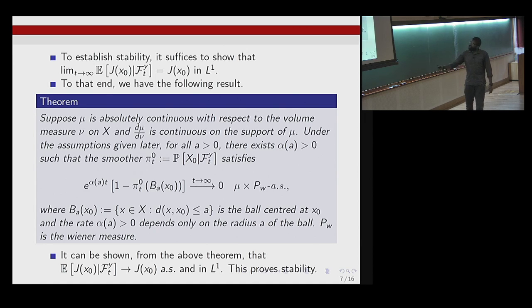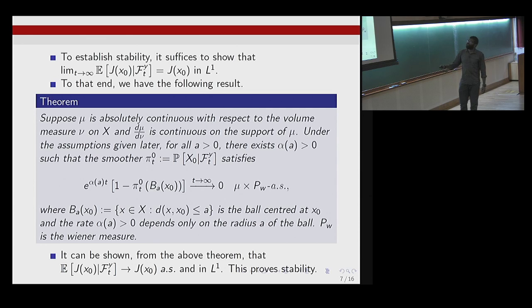So this theorem is really saying that if mu has a density with respect to the volume that is coming from the metric of the manifold, and if the density is continuous on the support of mu, and under some condition that I define later, because I'll stress more on the assumptions.